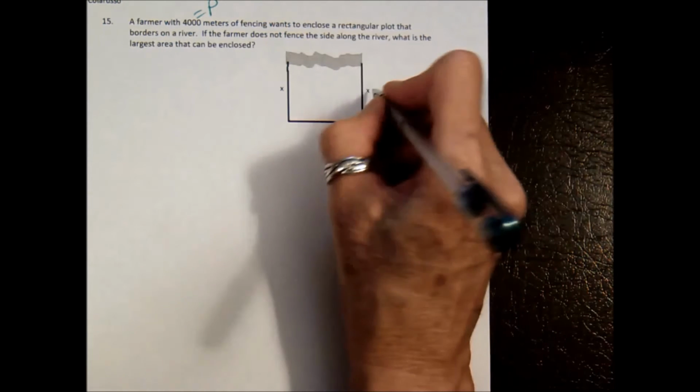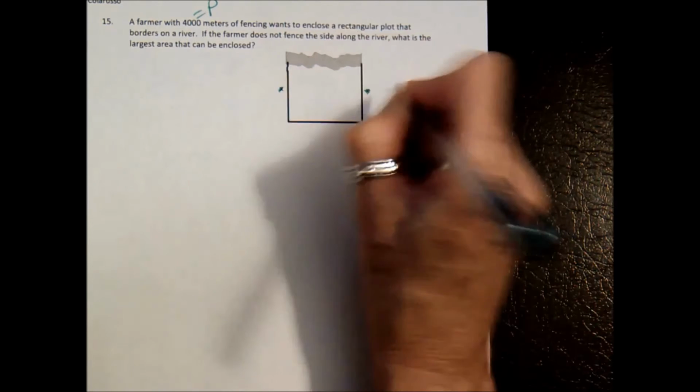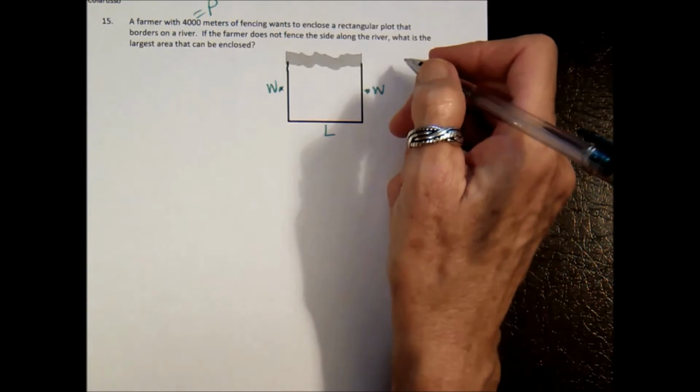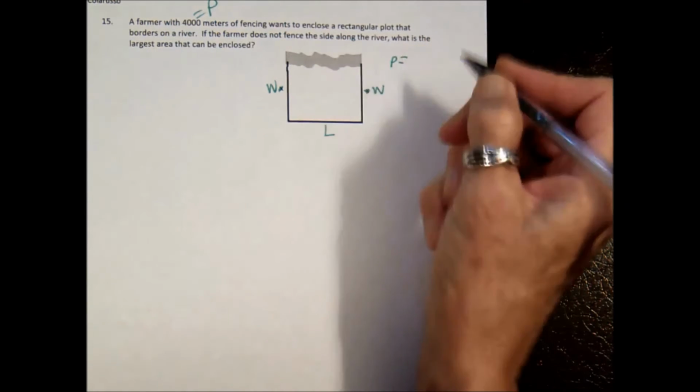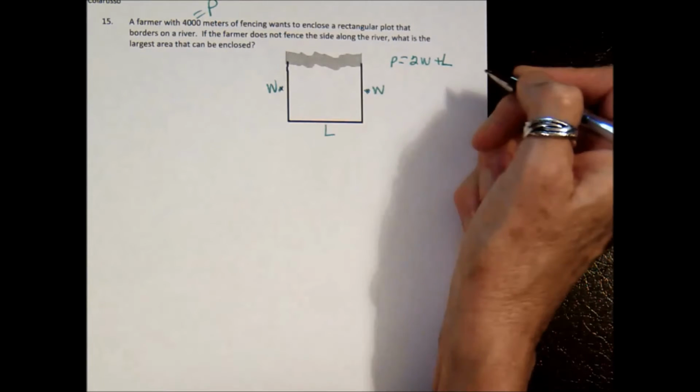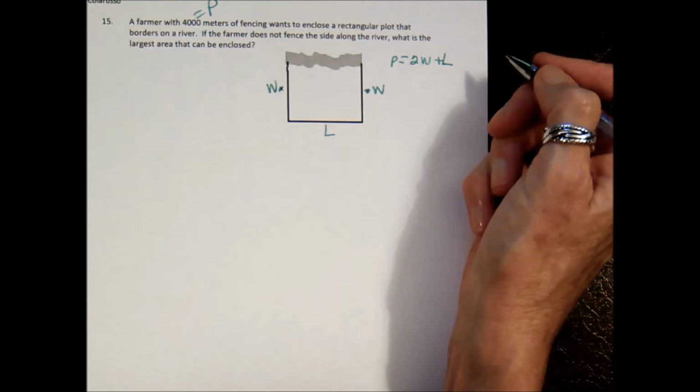So rather than X, I'm going to cross these out, and we're going to use width and length. But notice in this case the perimeter is made up of 2 widths but only 1 length.